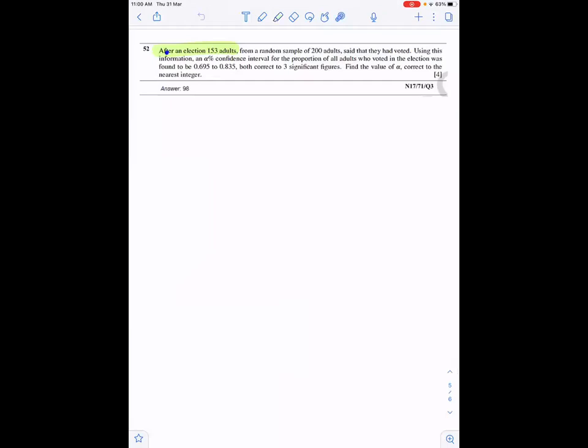Should I start with this now? Yes. Adults from a random sample of 200 adults said that they have voted. If you want, you can even write it down. Let X be the number of voters out of 200 adults.